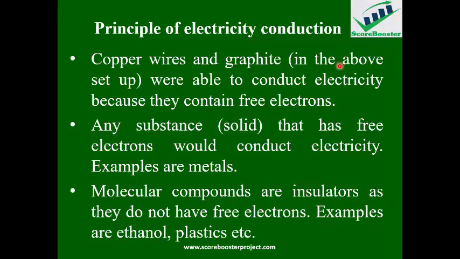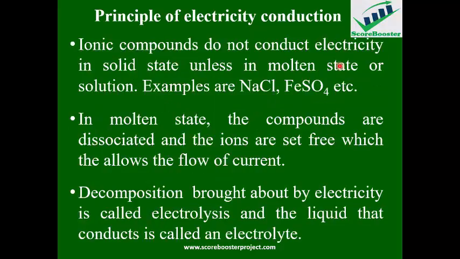So any substance that has free electrons will conduct electricity. Free mobile electrons conduct electricity. What about the molecular compounds? Molecules are insulators because they do not have free electrons. I've said that earlier; that is just to buttress the point.